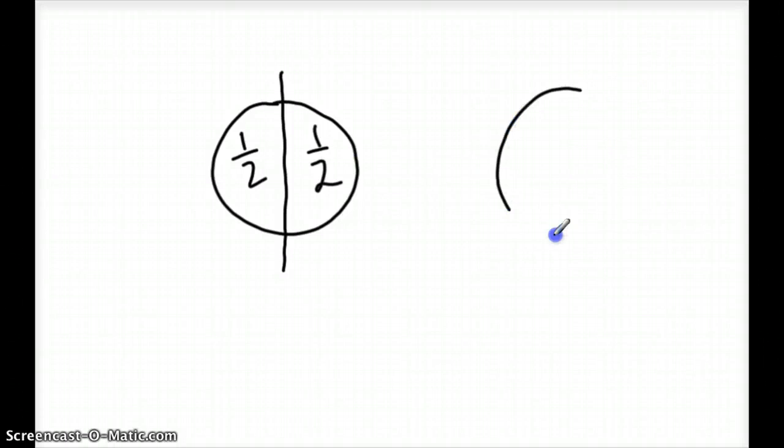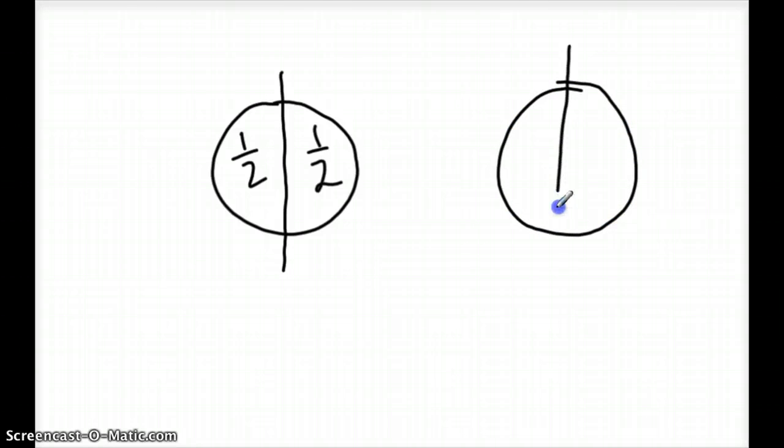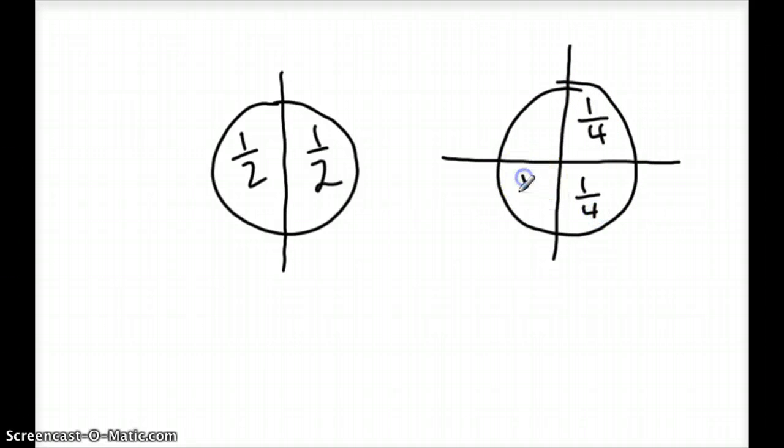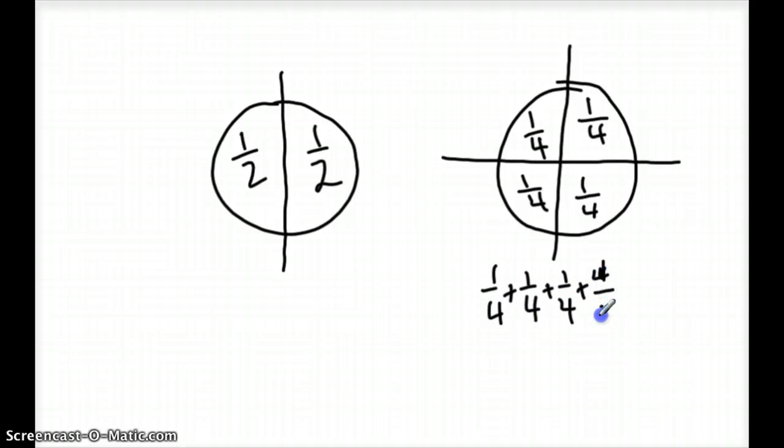If I split it down the center and across the center, now I have 4 parts, which means I have 1/4 plus 1/4 plus 1/4 plus 1/4. When I add those up I get 4/4, which is also equal to 1 whole.